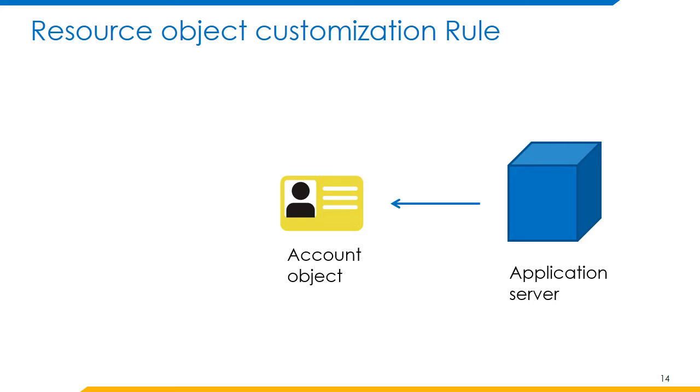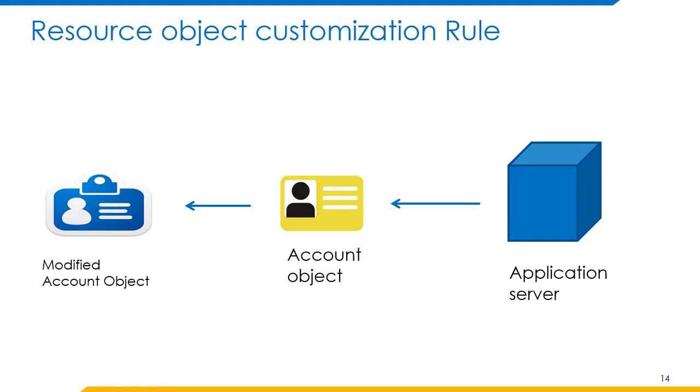These resource objects shall be further translated into actual groups or links or various other objects. Resource object customization rule helps us customize the way in which the resource objects are created.